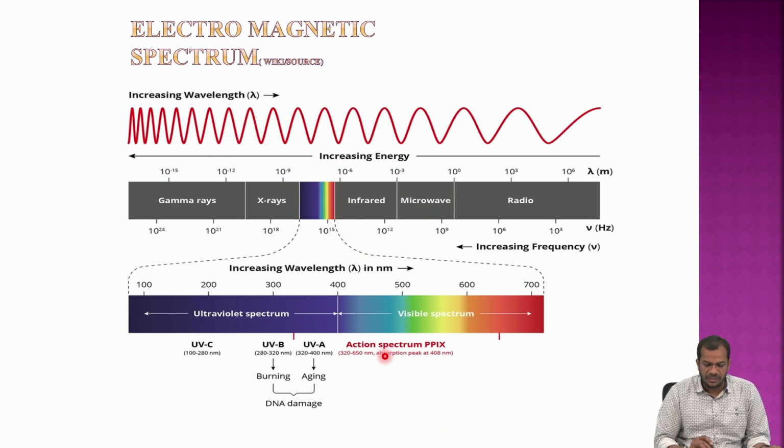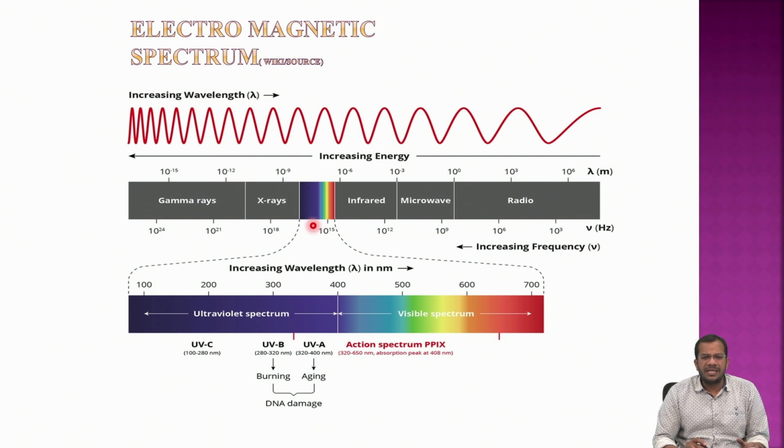In this electromagnetic spectrum, we have different types of radiations, such as ultraviolet, infrared, X-rays, visible, gamma rays, and radio waves, alpha, beta, gamma radiations, etc. All these are waves which are a part of the electromagnetic spectrum or electromagnetic radiation.